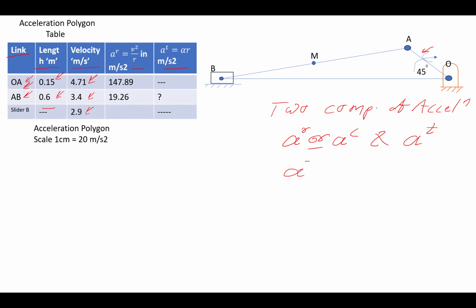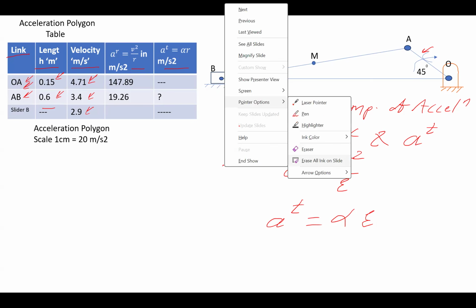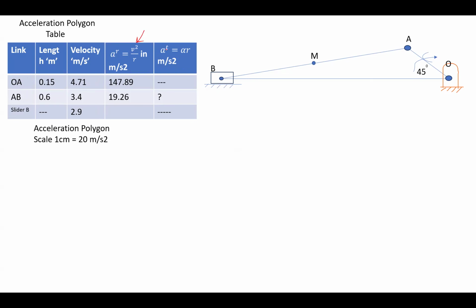The radial or centripetal component is given by velocity squared divided by radius of that link. And the tangential component is given by alpha, angular acceleration, multiplied by radius of that link. That is already written in the table. So here you can see this is the radial component and this is the tangential component.